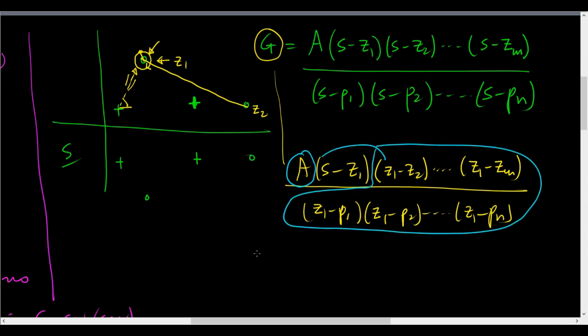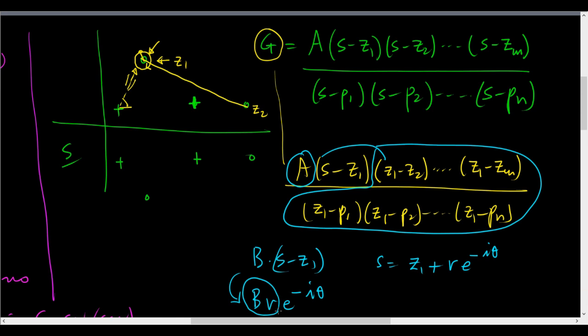And what I will do now is take this and all of this, which is just a number independent of S, call it B, times S minus Z1. And what is S minus Z1? S is equal to Z1 plus some small number r times e to the power minus I theta. Why is it minus I theta? Because as theta goes from 0 to 2 pi, I want it to travel clockwise, not counterclockwise. So this becomes B r e to the power minus I theta. That's what G is. This is just some complex number, it doesn't matter what it is.